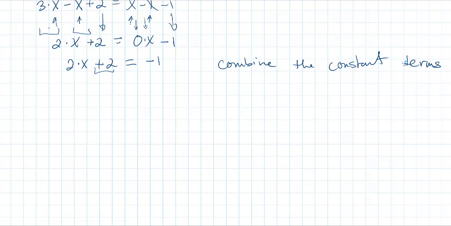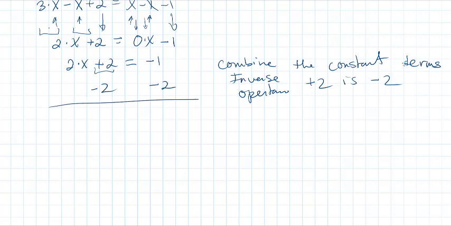The inverse operation to plus 2 is minus 2, right? So let's subtract 2 from both sides. So we have 2 times x plus 2 minus 2, so that's plus 0. They cancel. And negative 1 minus 2 is just negative 3.